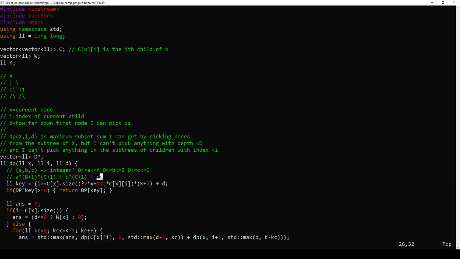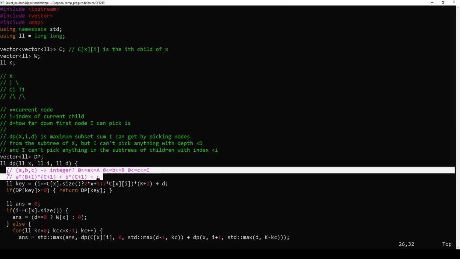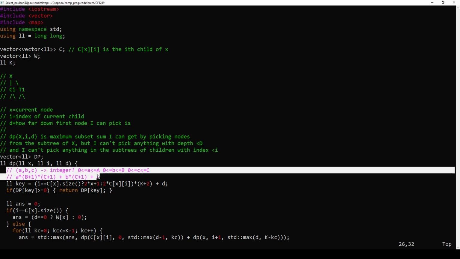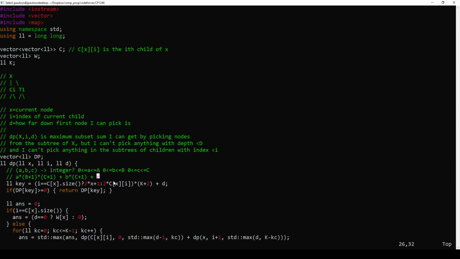This is normally how you do it. You want it to be both unique and also dense. For density, how many possible things are there? There's A plus 1 times B plus 1 times C plus 1 values, and this generates all the numbers between 0 and that upper bound. So it's a good way of converting a tuple to an integer.